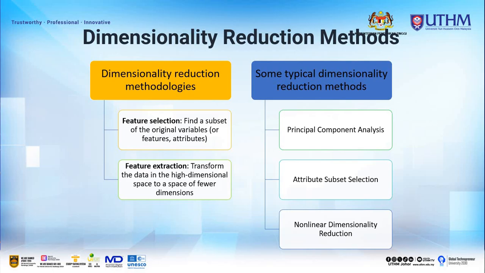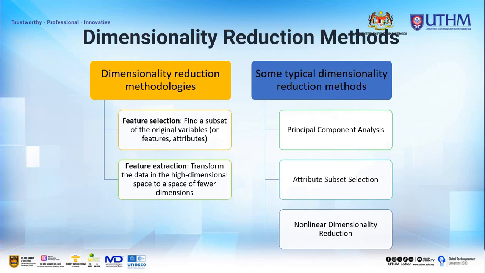The goal of feature selection is to retain only the most important features while discarding the irrelevant or redundant ones. On the other side, feature extraction transforms the data from high dimensional space into a lower dimensional space. So the goal is to create new meaningful features that capture essential information from the original data set.